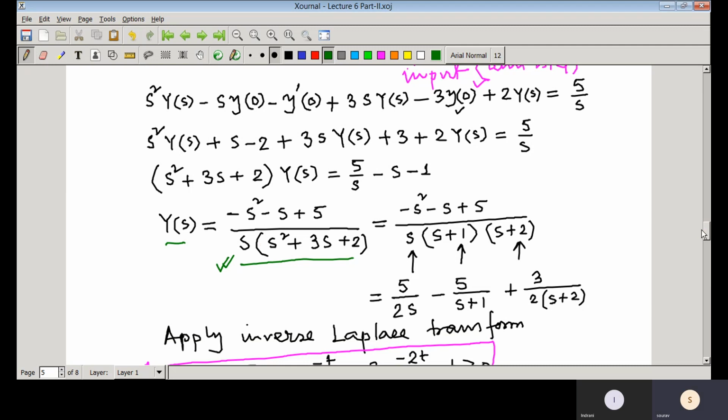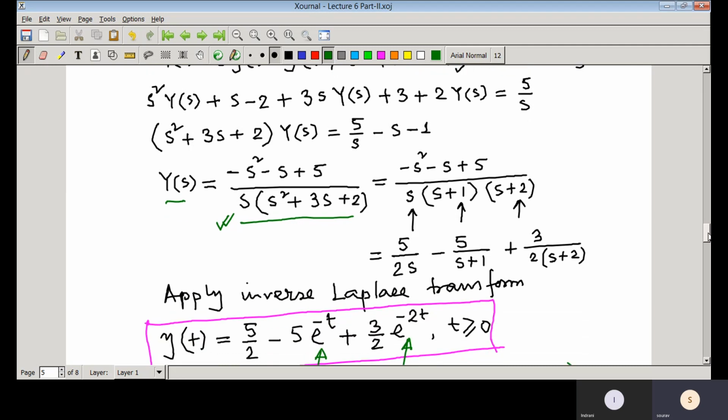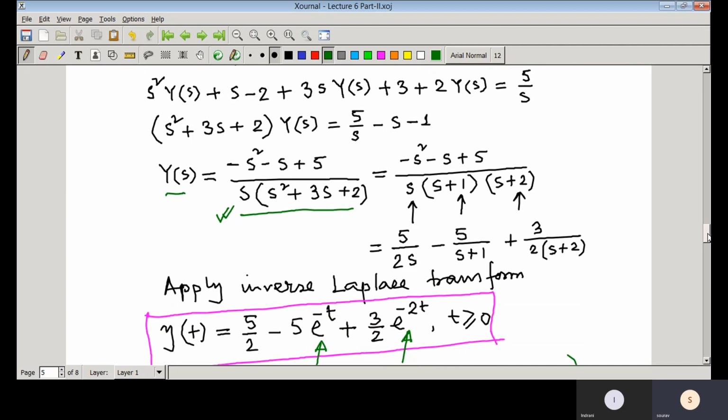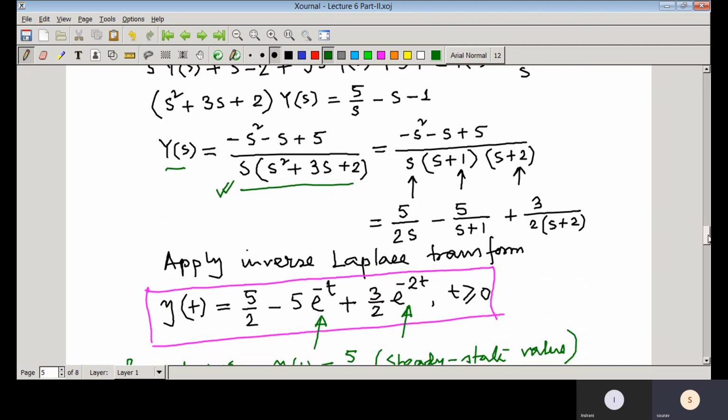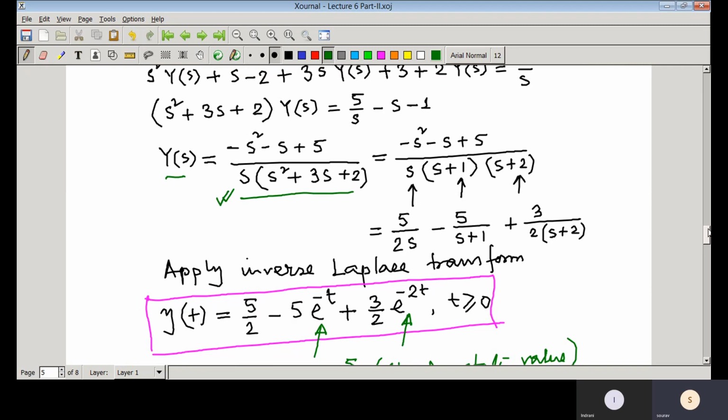We have already discussed that the steady state value can be found by applying the final value theorem. For that, we first need to see whether sY(s) is analytic or not.